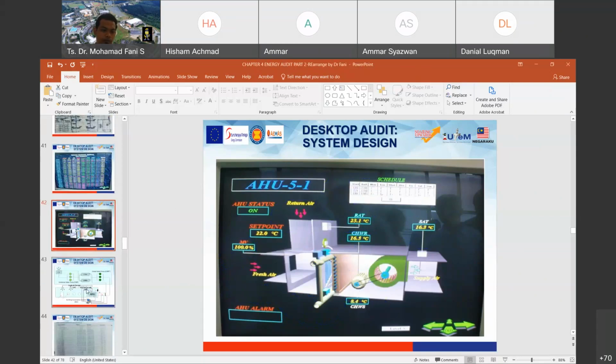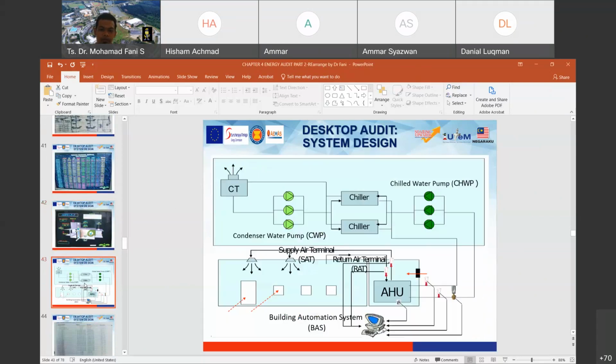Okay, so this one is the overall system diagram. Cooling tower, condenser water pump to pump the water to the chiller. We have a condenser and also an evaporator.